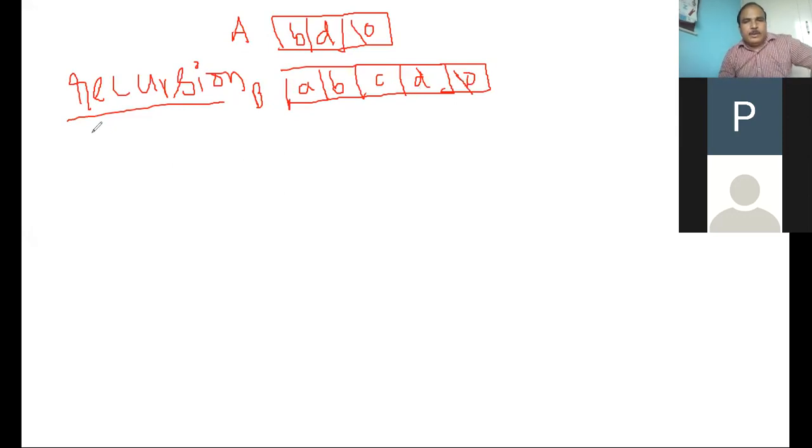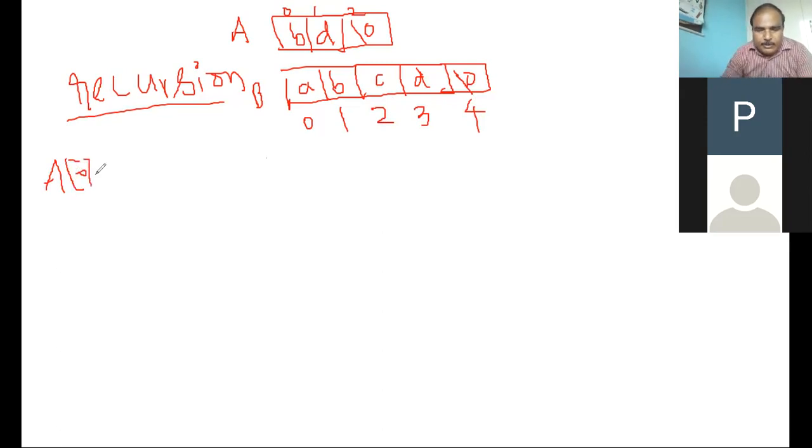Recursion approach. Now let us look at the indices of the sequences. These are the indices of the first string. As you know, first you have to compare A of 0 with B of 0.